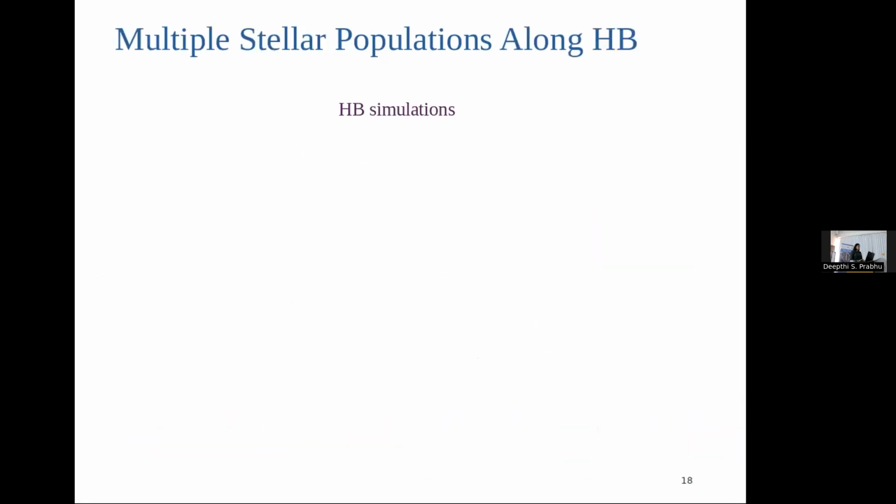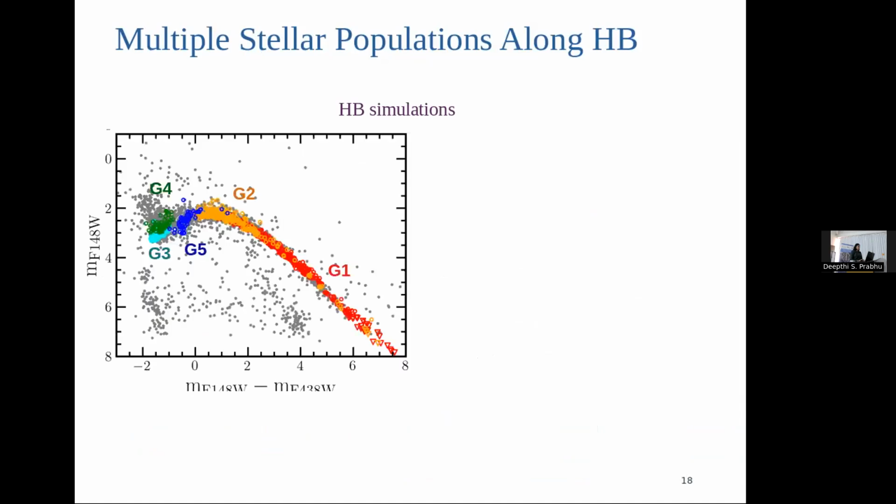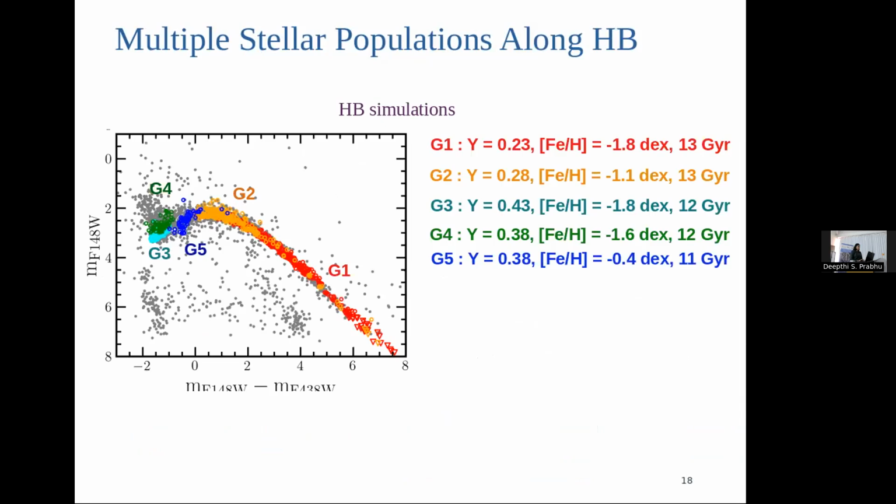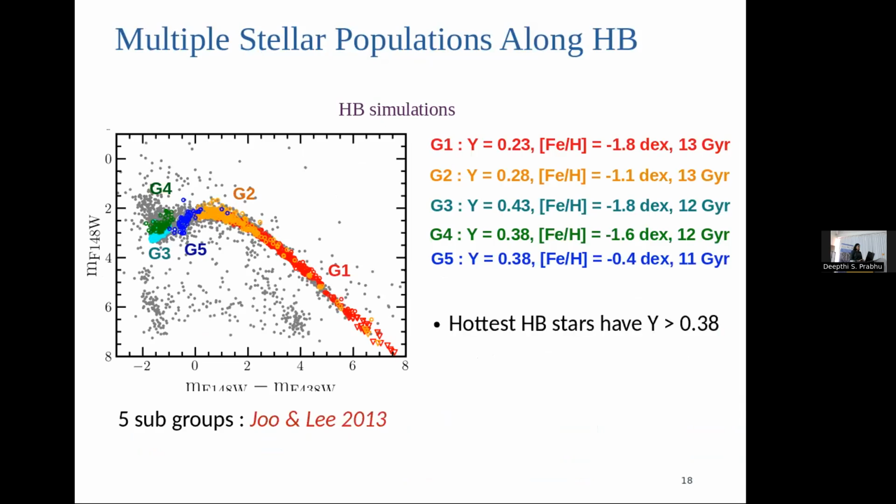So we have found multiple populations along the HB, which was reported earlier as well. And we have created the FUV-optical CMD for the first time. Simulations were performed using the initial parameters from the earlier literature.